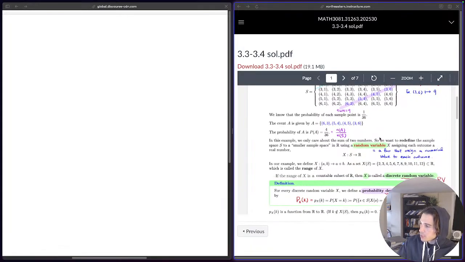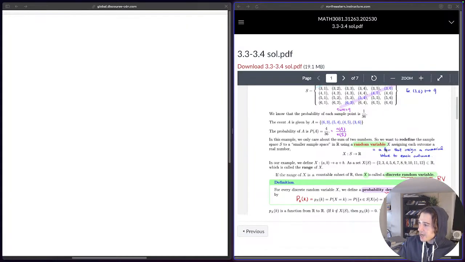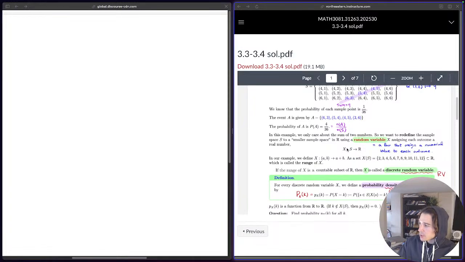In this example, we only care about the sum of the two numbers, so we want to redefine the sample space S to a smaller sample space in R using a random variable X, assigning each outcome a real number. So X such that S maps to the real numbers, a function that assigns a numerical value to each outcome.